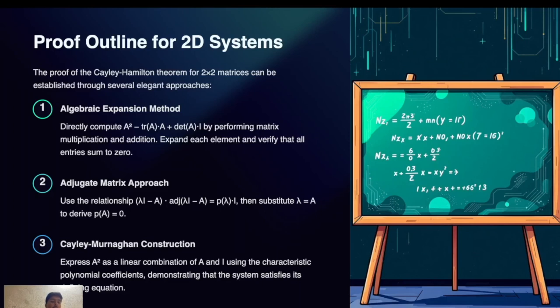Expand each element and verify that all entries sum to 0. The adjugate matrix approach uses the relationship mentioned here.